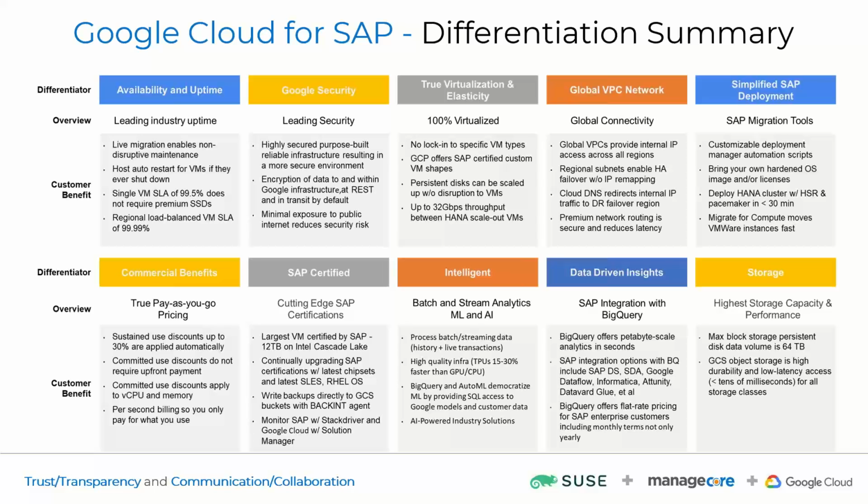But from a Google security standpoint, you are in a private network when you enter Google. What that means is that once you enter that network, all that traffic is within Google and does not traverse any other additional networks or any other additional carriers.